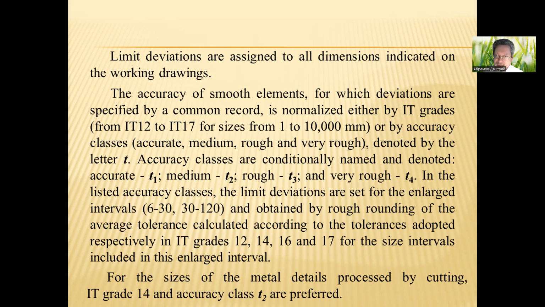Accuracy classes are conditionally named and denoted: accurate T1, medium T2, rough T3, and very rough T4.